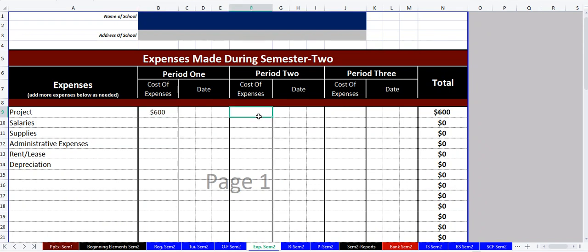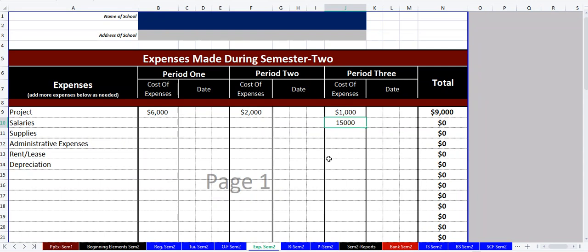Then in the second period they paid something like 2,000, and then in the last period they paid 1,000 on the project. All right, salary. They paid in total salary, let's say for the whole period they were able to pay 50,000.